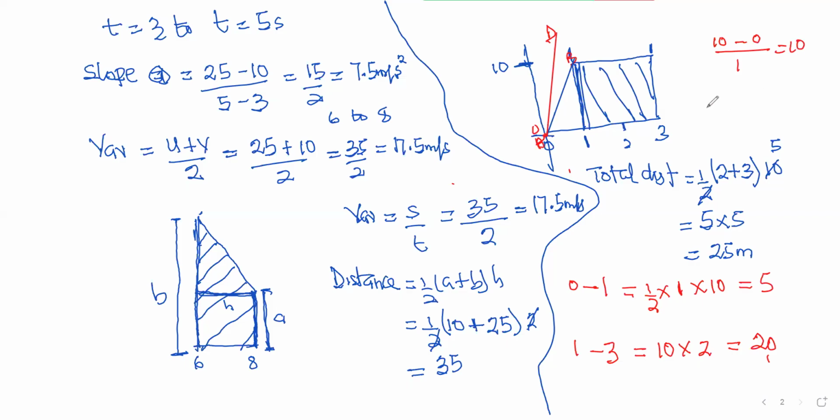If you look at CD, you have 25 minus 10 divided by the change in horizontal, 5 minus 3, which is 15 on 2. This will give you 7.5. So it means that AB has a greater acceleration than CD. So the answer is A.